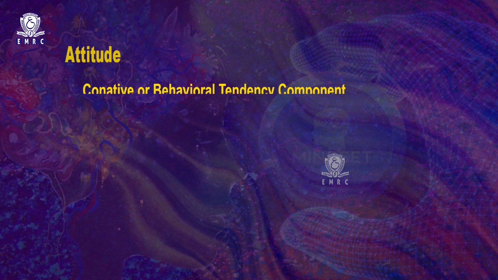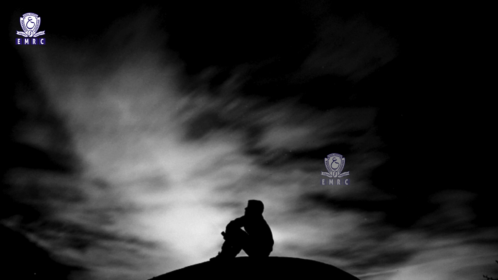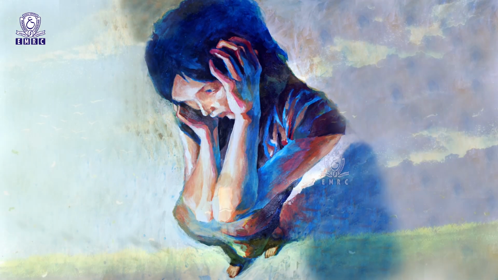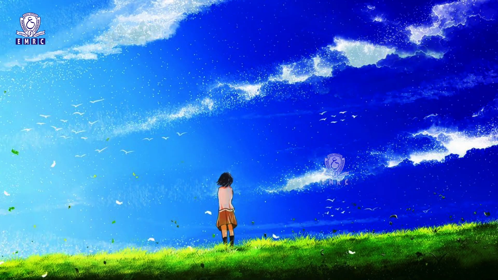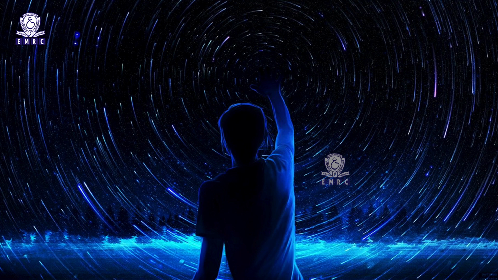And third, the conative or behavioral tendency component, that is, action tendencies toward an object. Each of these three components tends to remain in balance with the other two. That is, it involves what people think about, feel about and how they would like to behave towards an object towards which the attitude is represented.